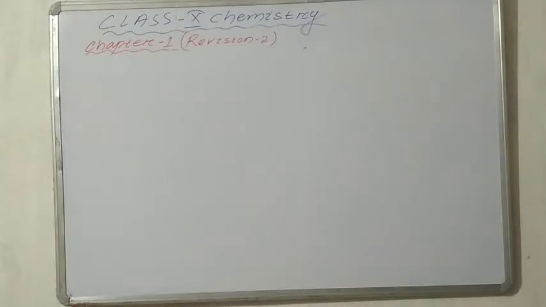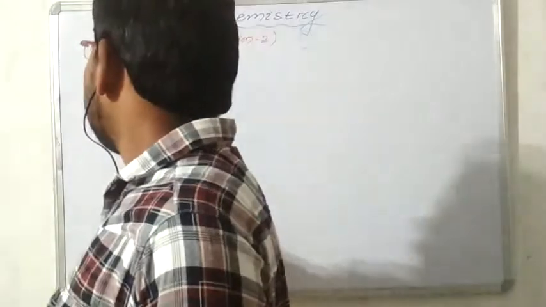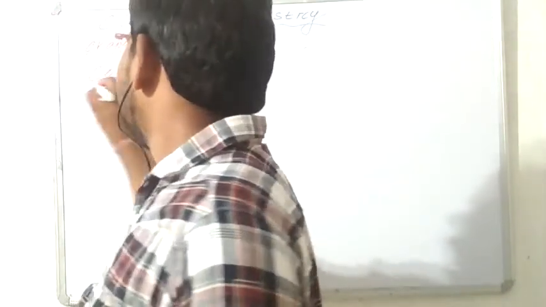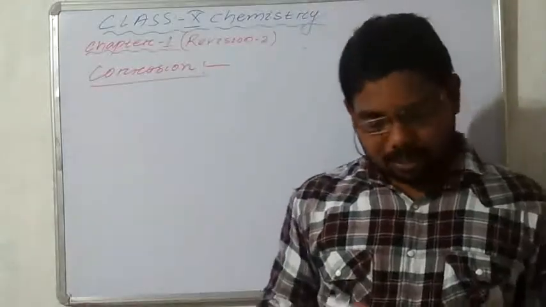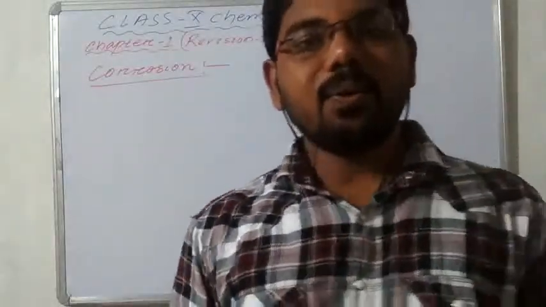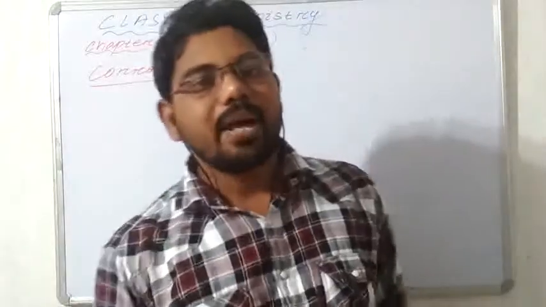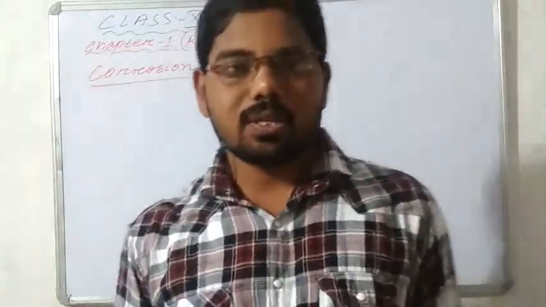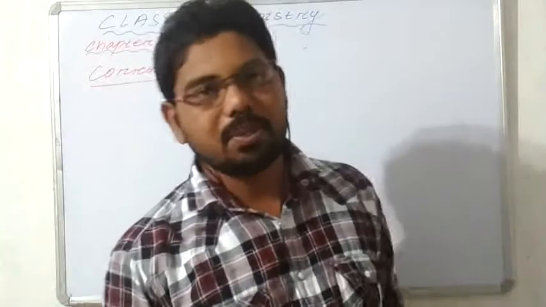Another term is corrosion. What do you mean by corrosion? Corrosion means metals are eaten slowly. The metal surface is eaten slowly by the reaction of moisture or some chemicals present in the atmosphere.